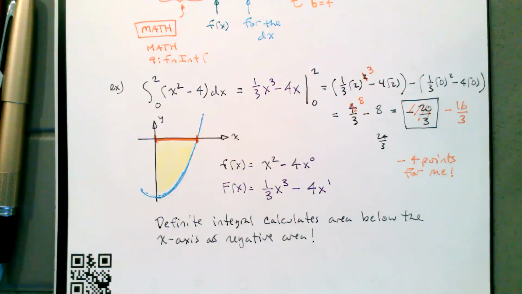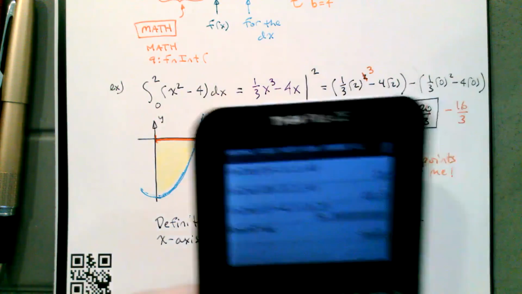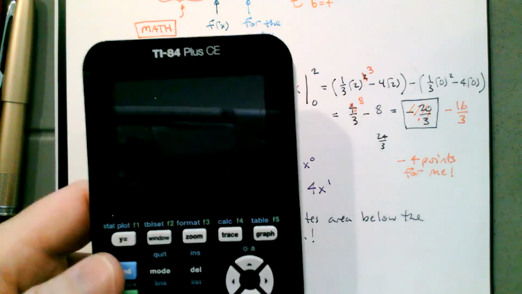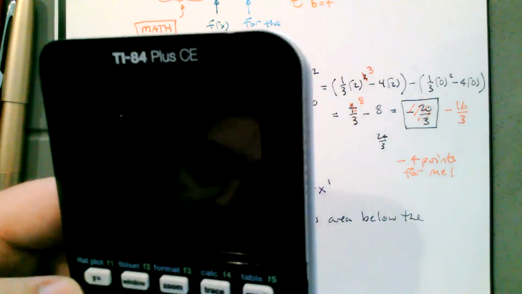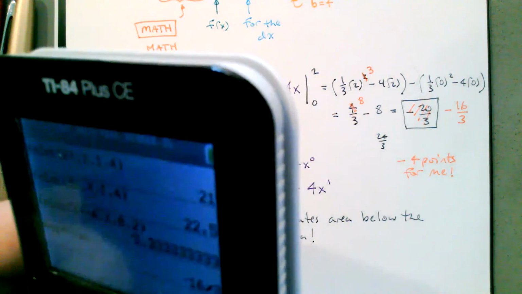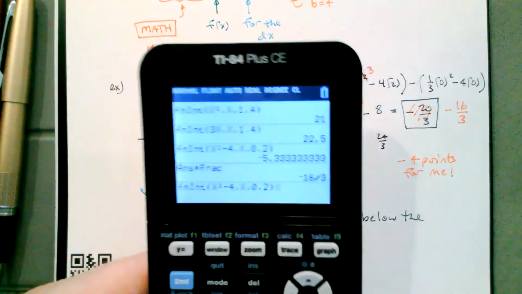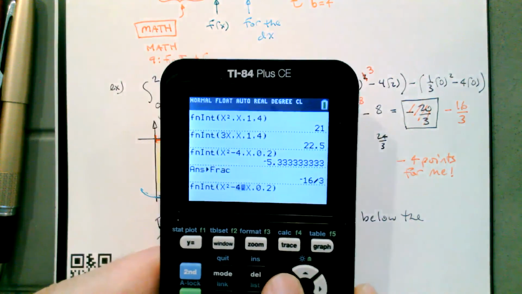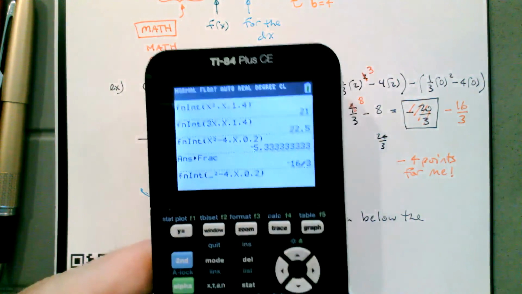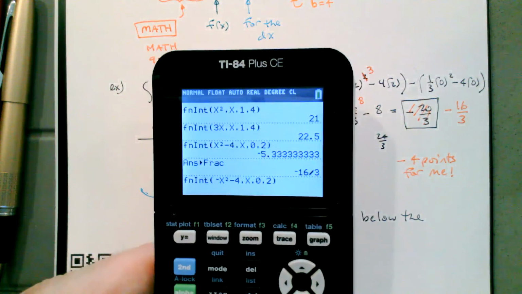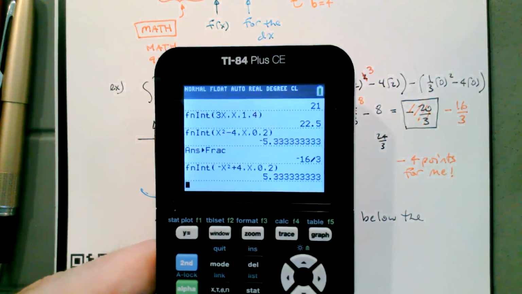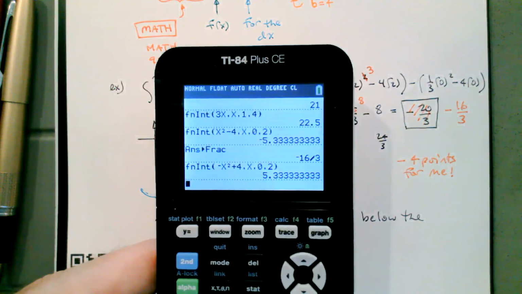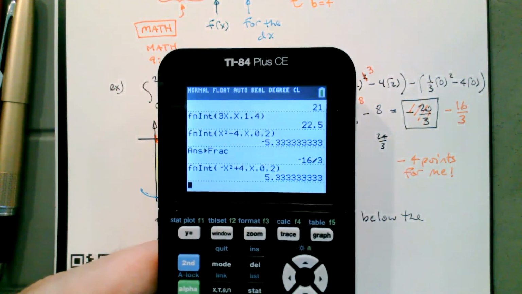If I flip this function over and trade my x squared minus 4 for negative x squared plus 4, that puts the function above the x-axis, and now the definite integral is going to call that area positive.